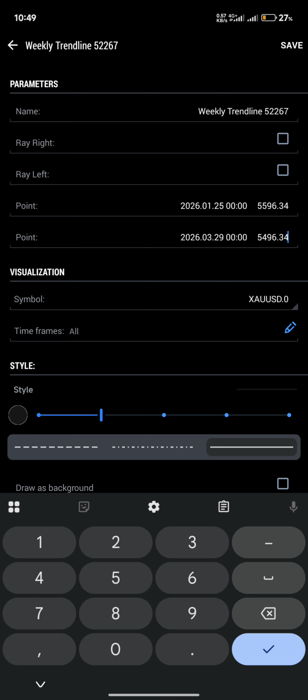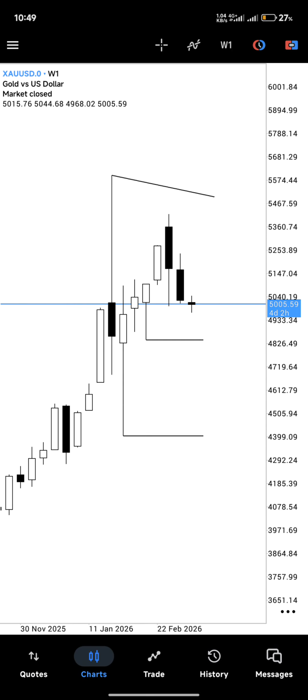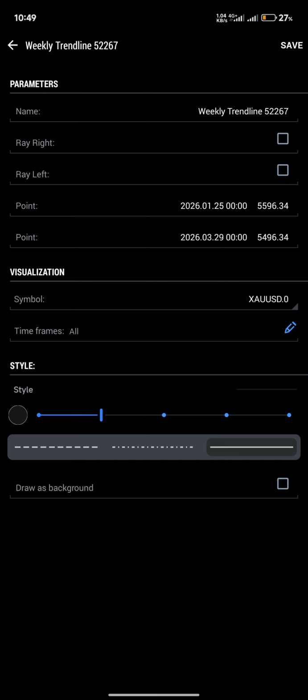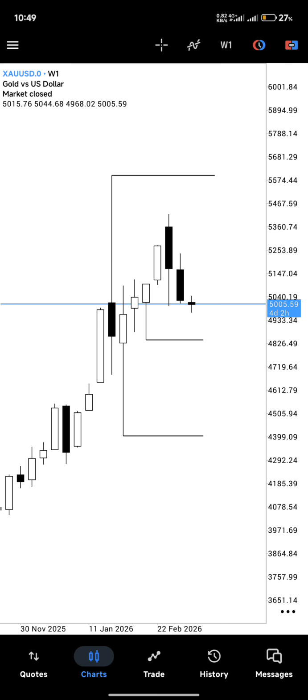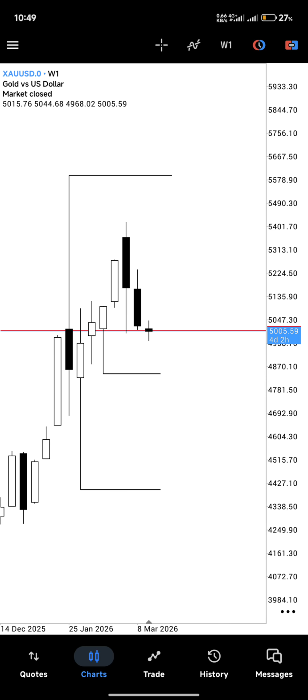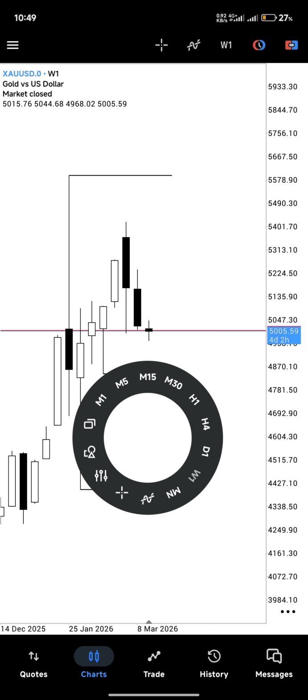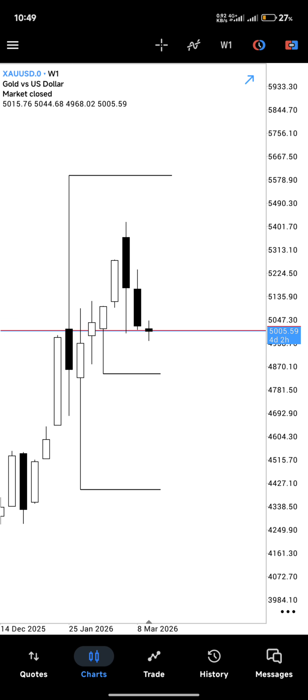Pay good attention. Let's do this again. Now that I have identified these areas that have not been mitigated, from the current price action I can see from the chart that last week was bearish.